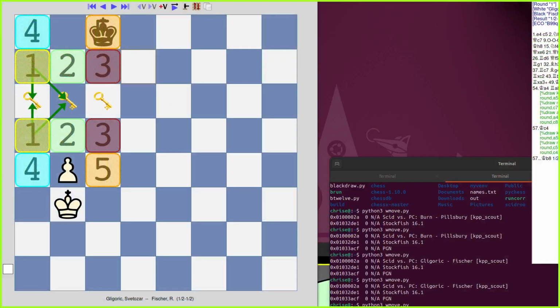So I'll just put F5 in there for now, because in this game, Gligoric went to C4 first. So either of those two squares will cover C4, and once again, A8 or B8 will also cover A4 if the white king went that way. So that is the layout.